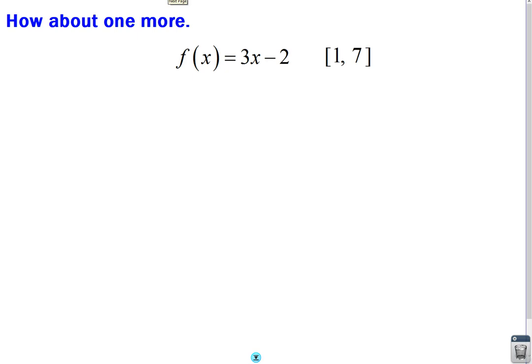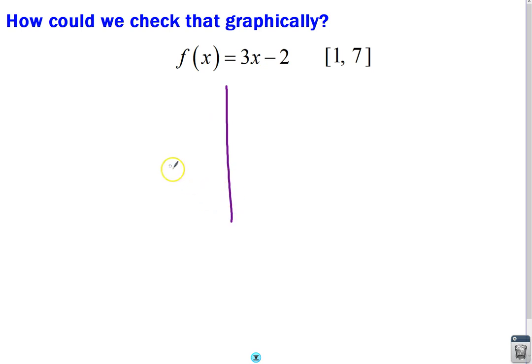of exactly 60. So then my next thing is, how could we have checked that graphically? Well, this is the function 3x minus 2. If I were to look at this, let's graph this. So negative 2, and then up 1, 2, 3 over 1. It looks like this right here.